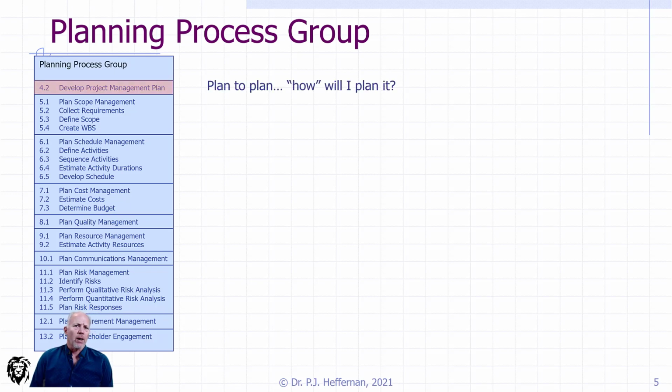So for the most part, when they talk about writing the plan, it's how you intend to plan it in many ways, or those are the overarching bits. So develop project management plan. It's how am I going to plan it? What tools and techniques are we going to engage in order to make sure that our project is successful?